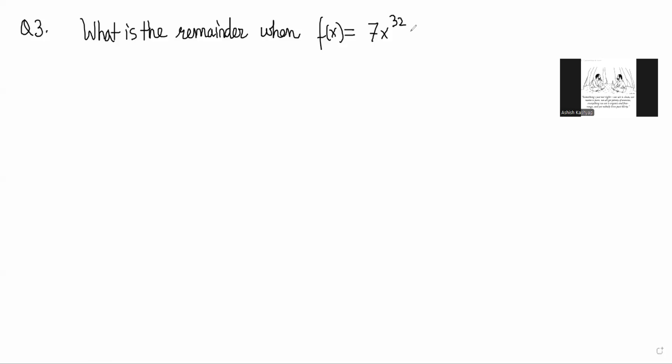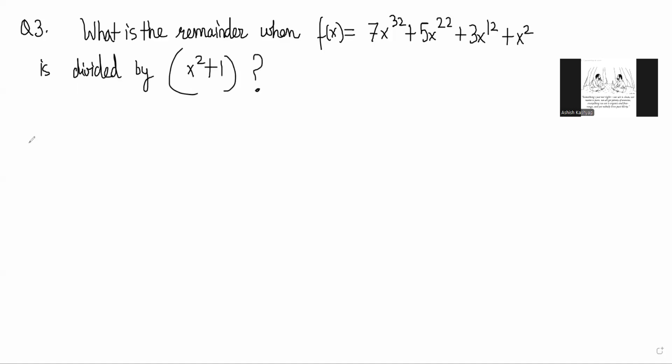Find the remainder when f of x is equal to 7x power 32 plus 5x power 22 plus 3x power 12 plus x square is divided by x square plus 1.